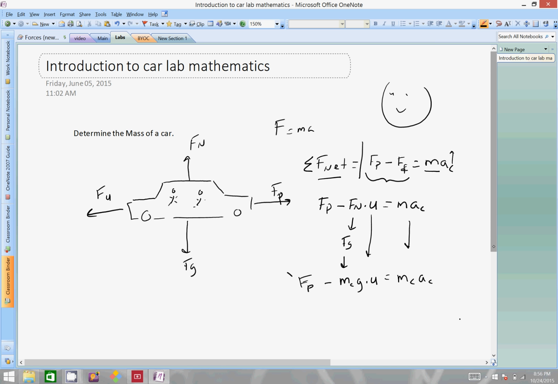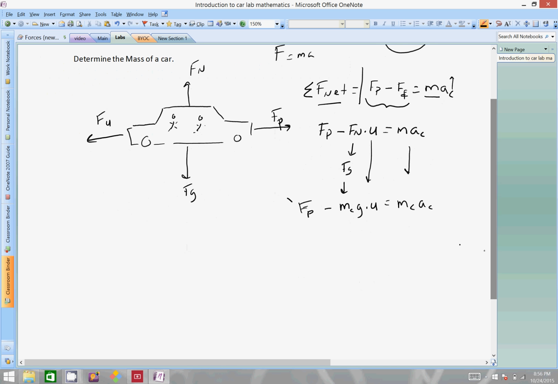At this point, I want to solve this. Everything at this point is just algebraic. I'm going to add this term over. The force of the people is equal to the mass of the car times the acceleration of the car plus the mass of the car times gravity times the coefficient of rolling friction of the car.